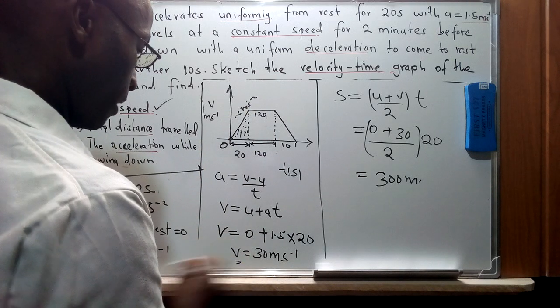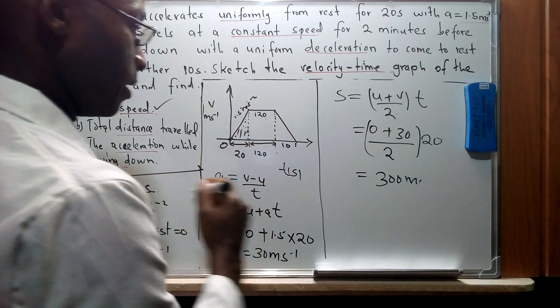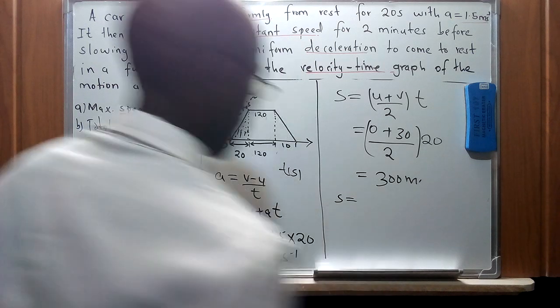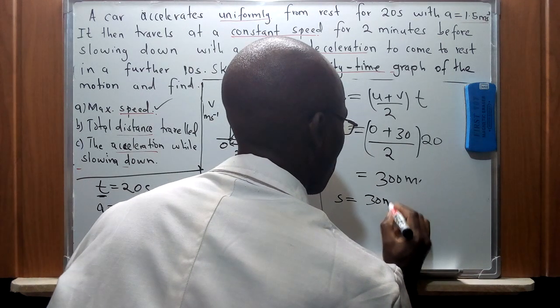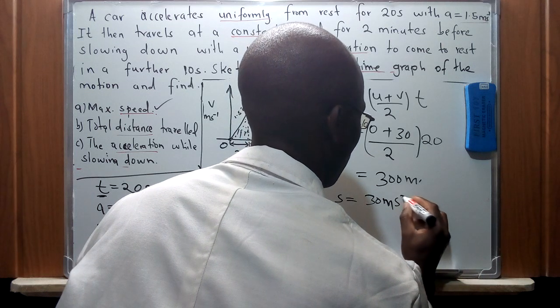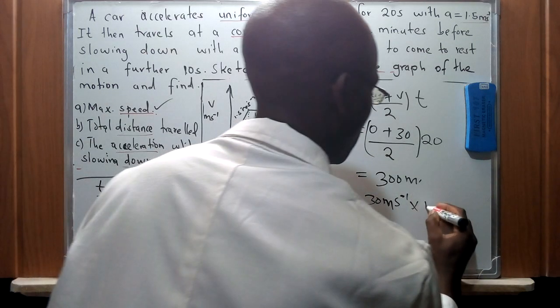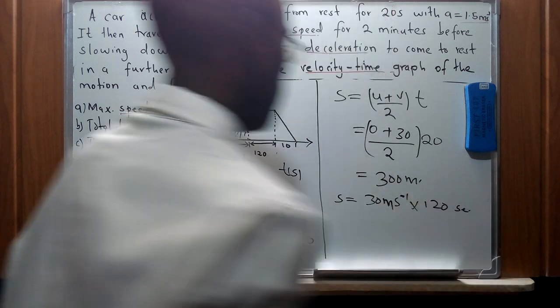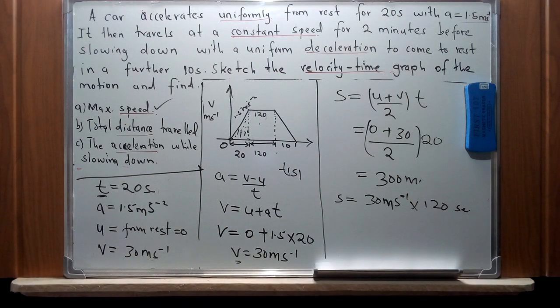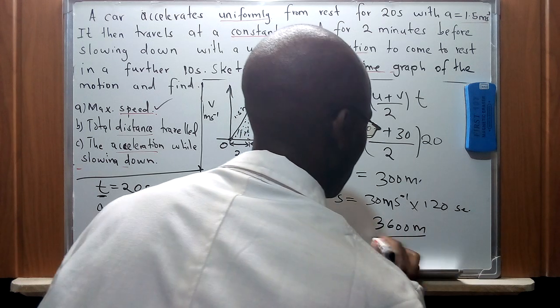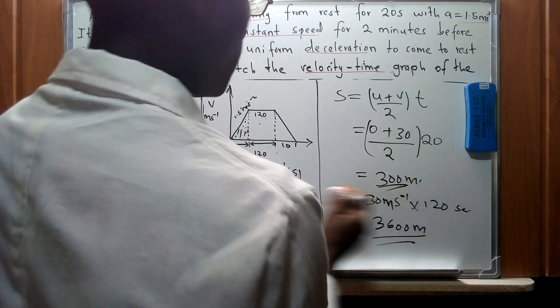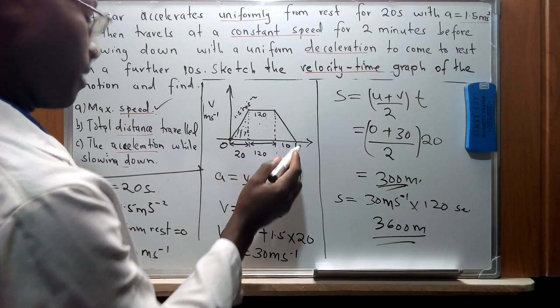If the final velocity was reached at this point and it continued traveling at that velocity, then the second part of the distance is the velocity, which was 30 meters per second, times the time it took, that is 120 seconds. So the distance traveled during the second phase will be equivalent to 3,600 meters. Looking at this, the first one is 300 meters, the second one is 3,600 meters.